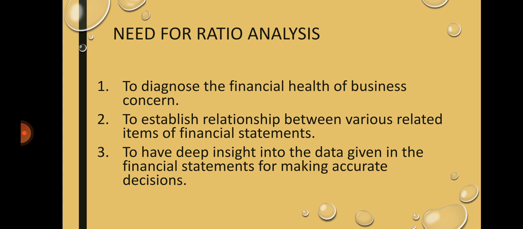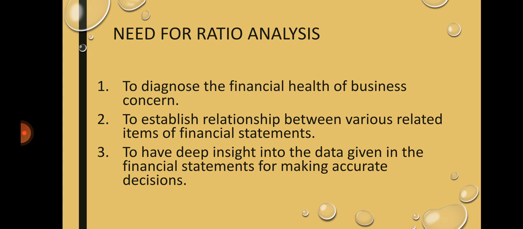Second need: to establish relationship between various related items of financial statements. For example, as I said in one of the previous examples, the ratio between current assets and current liabilities. With the help of this liquidity ratio we will get to know there has to be a relation between current assets and current liabilities.